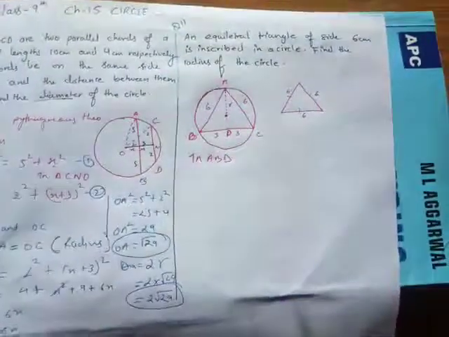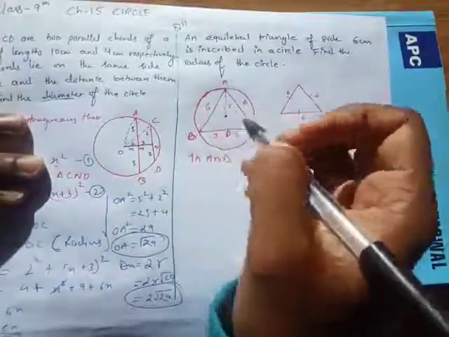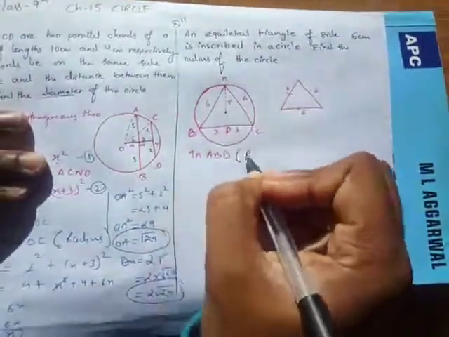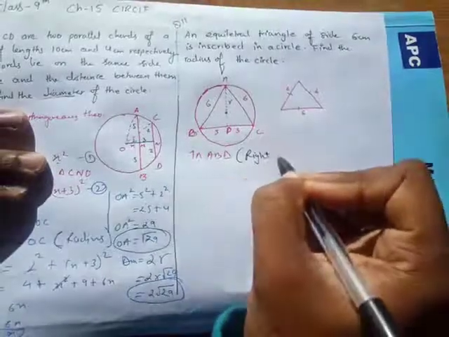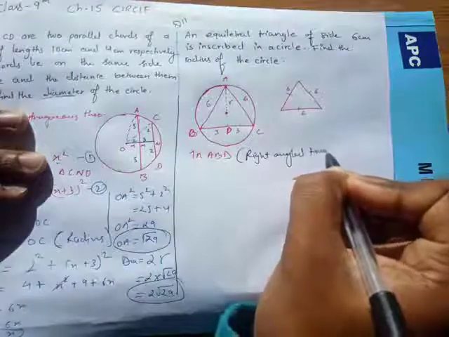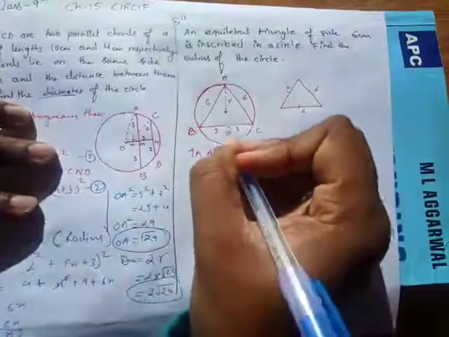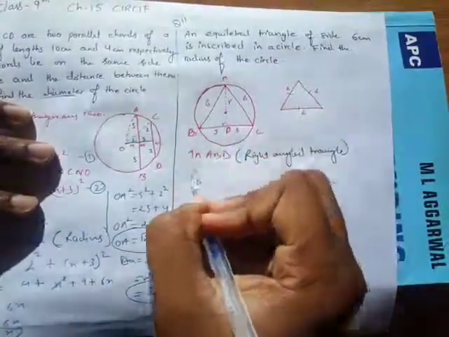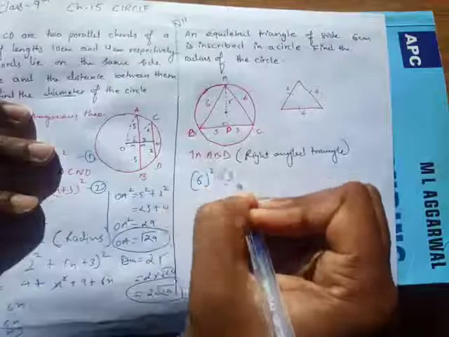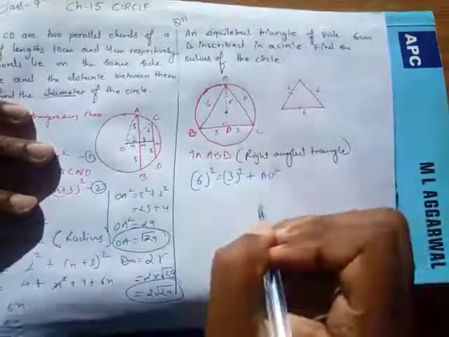What kind of a triangle do you see in ABD? It's a right angle triangle, right? So if it's a right angle triangle, you can see that Pythagoras theorem can be applied in this. So what is the Pythagoras theorem? 6 square is equals to 3 square plus AD square, isn't it?